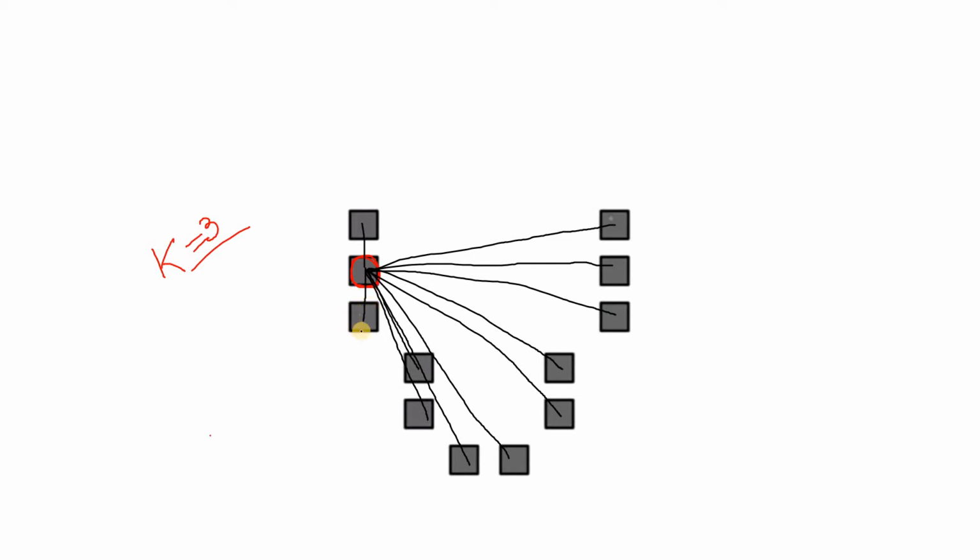It will not happen that two clusters are this close. Mostly the clusters will be further away from each other. And suppose the maximum distance from this cluster goes to this particular data point.